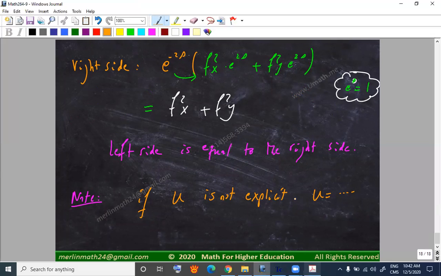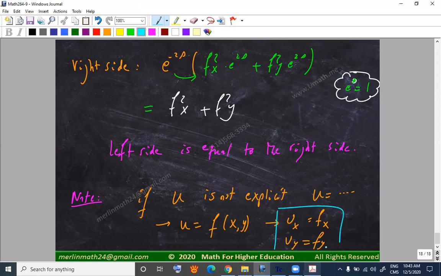If u is not explicit, then u is a function which we don't know. Then u_x would be f_x, and u_y would be f_y. If you don't write this at the beginning, if you are unaware of this relation, then you are lost. You can't figure out what's going on. Is it clear? Yes. Okay. All right. Perfect. Do you have any more questions? No, it's all good.